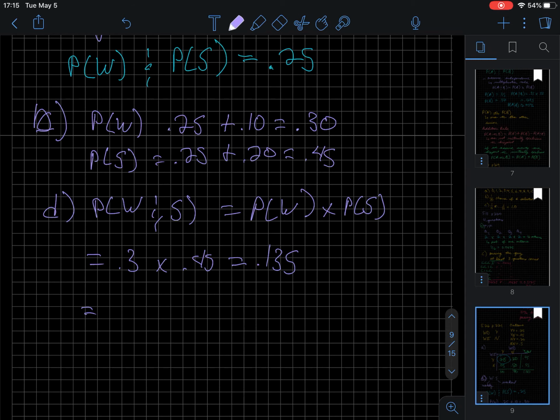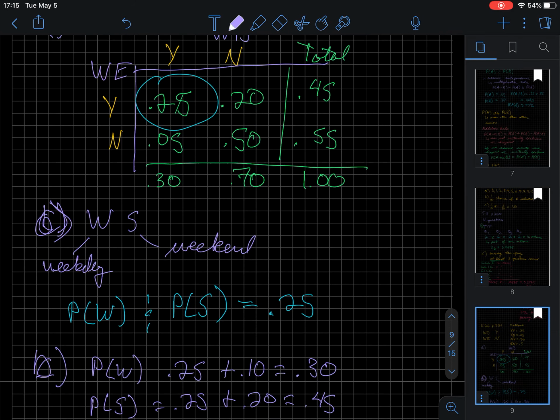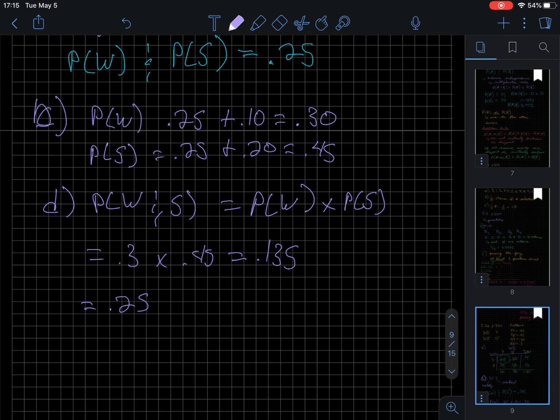But we see that this is not the case, because looking back at the table, it's actually 0.25. So these are dependent events.